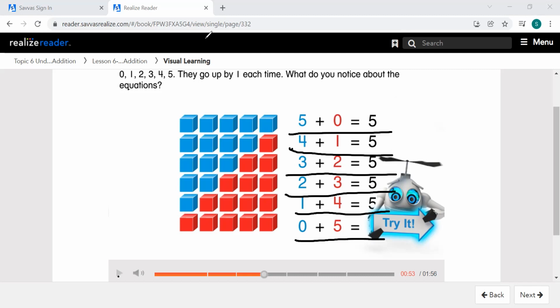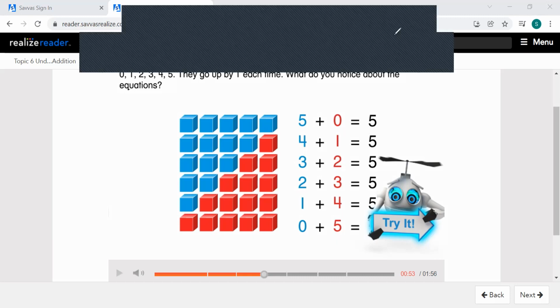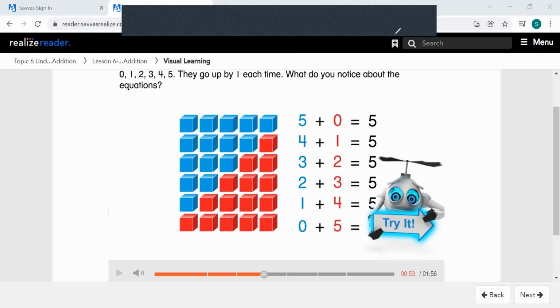And 0 plus 5 equals 5. So what do you see in these equations? The amounts being added always equal 5.